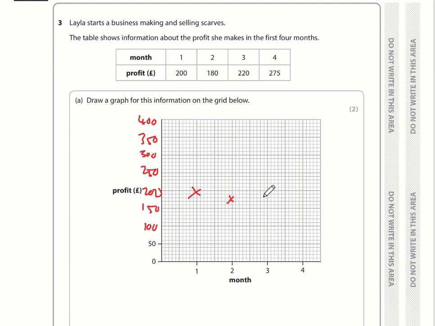Month 3 is 220, so 20 up from 200, that point there, and month 4 is 275, so 275 is exactly halfway between the 250 and the 300, so it's quite hard to see, it will be there. There we go. You could join them up point to point with a straight line if you wanted to, or you could just leave it with the points as is.